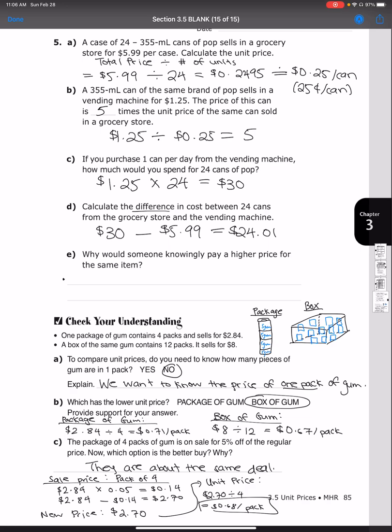You don't go to the grocery store always and have pop as your number one item on your grocery list. And that's okay. So when you're shopping, you might not want pop. However, maybe you're at a function or you're at school and you're just really thirsty. You're like, okay, I kind of feel like some pop in that moment. So you decide to buy a pop. So someone might willingly pay that higher price because they just might want pop in that moment in time.